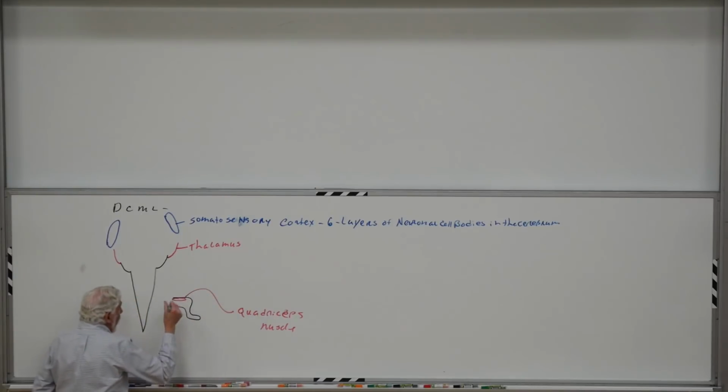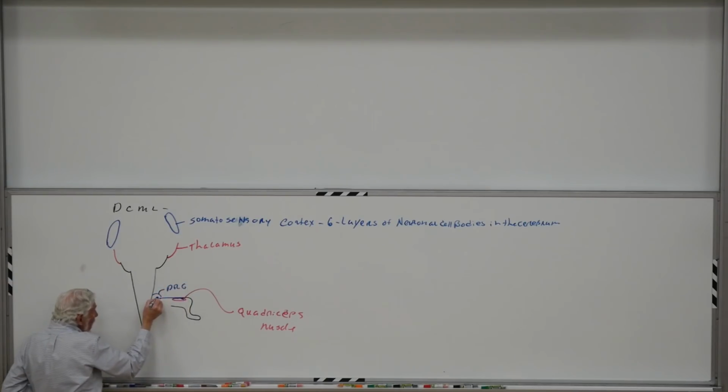And we followed that neuron. We followed the input region out here in muscle. We followed the conductal region to where its neuronal cell body was located in the dorsal root ganglion. That neuron then entered the spinal cord.